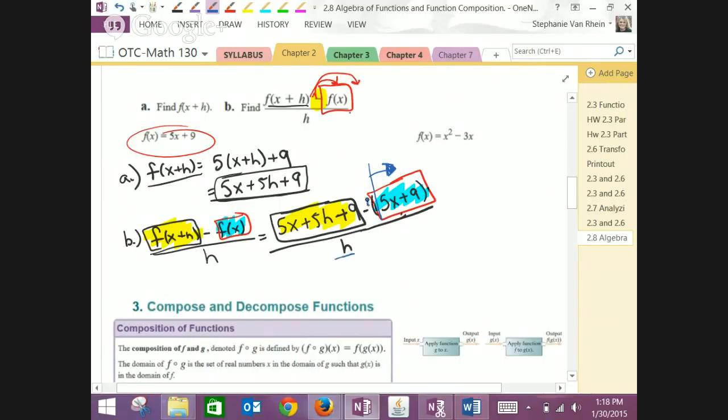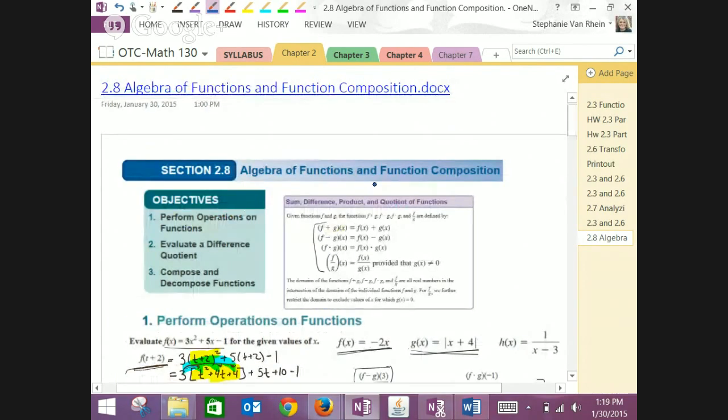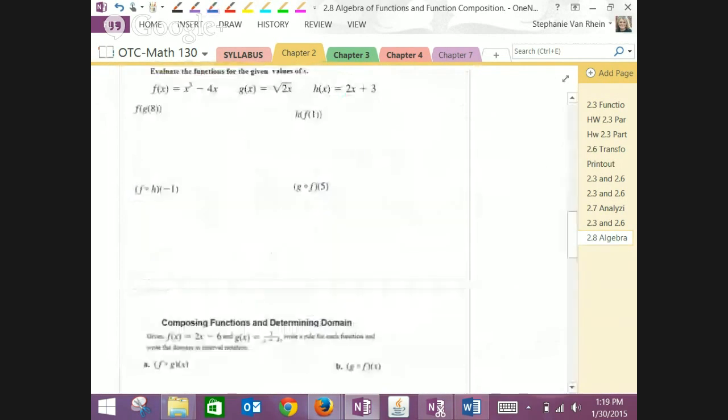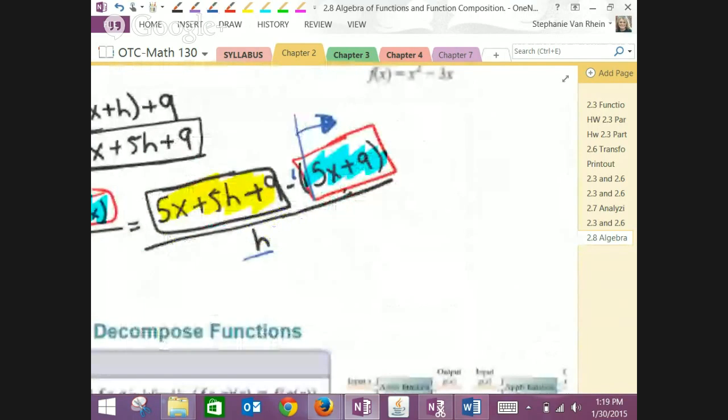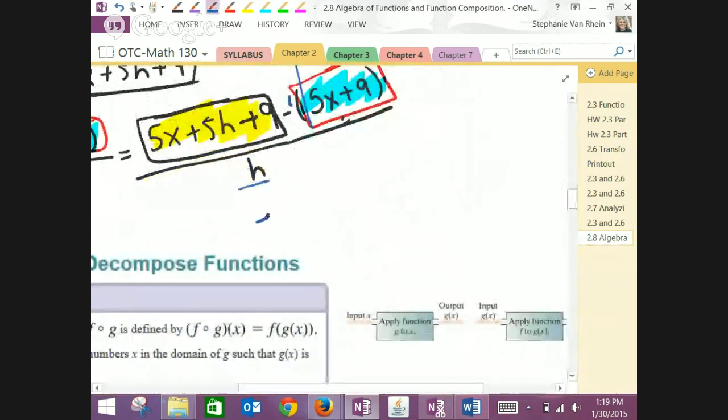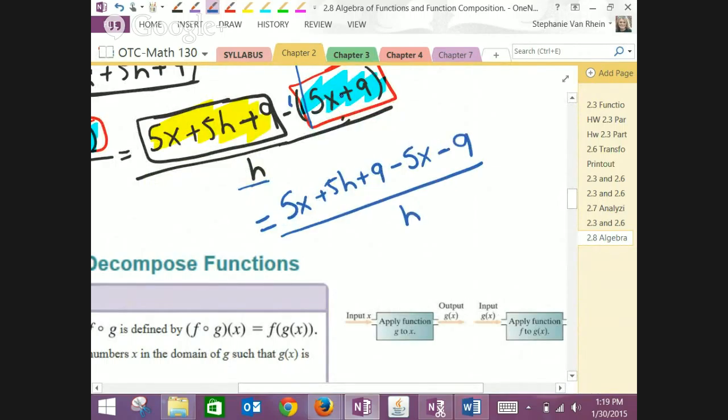So if I distribute this negative, I'm going to write this down here. I have 5x plus 5h plus 9 minus 5x minus 9, all over h. I have to distribute that negative because if I don't, I have 9 plus 9, which is 18, and that doesn't have an h in it.